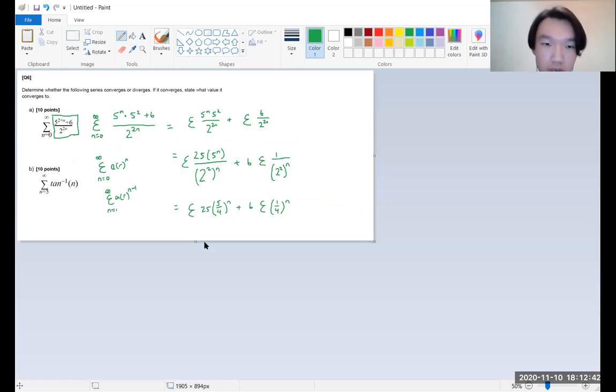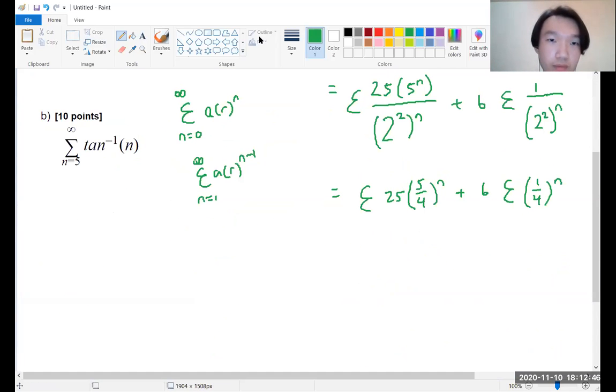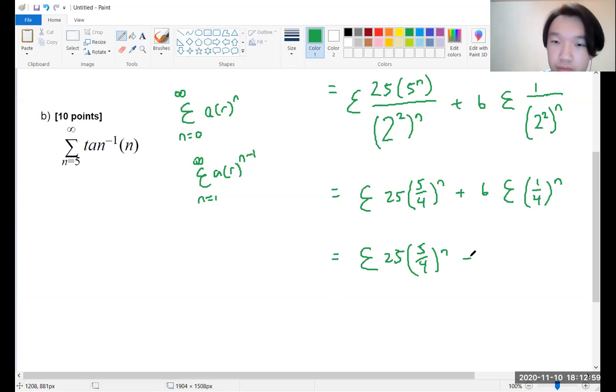You'll get the same answer anyways. I'm actually going to opt to bring the 6 back inside because I just like it better. So 6, 1 over 4 to the n. Okay, so these are in the form of a geometric series now.